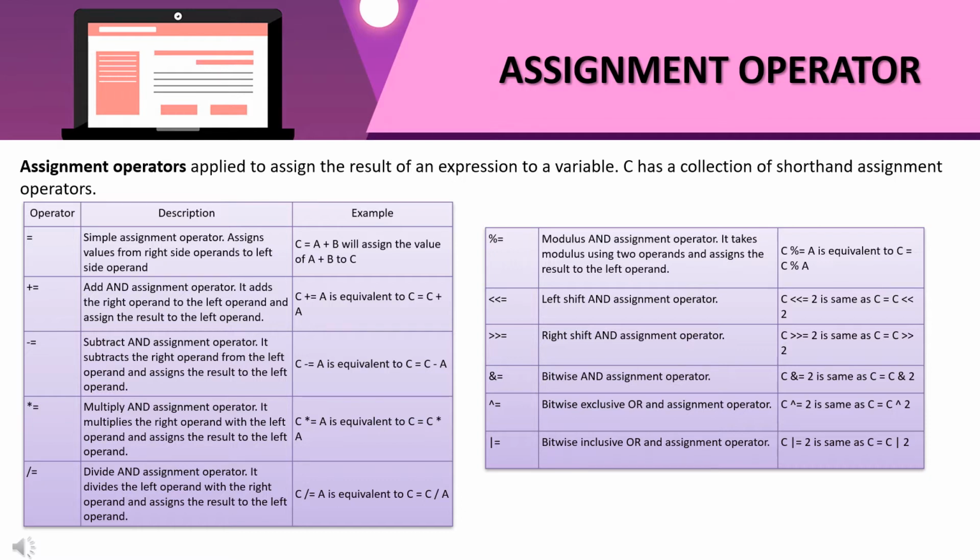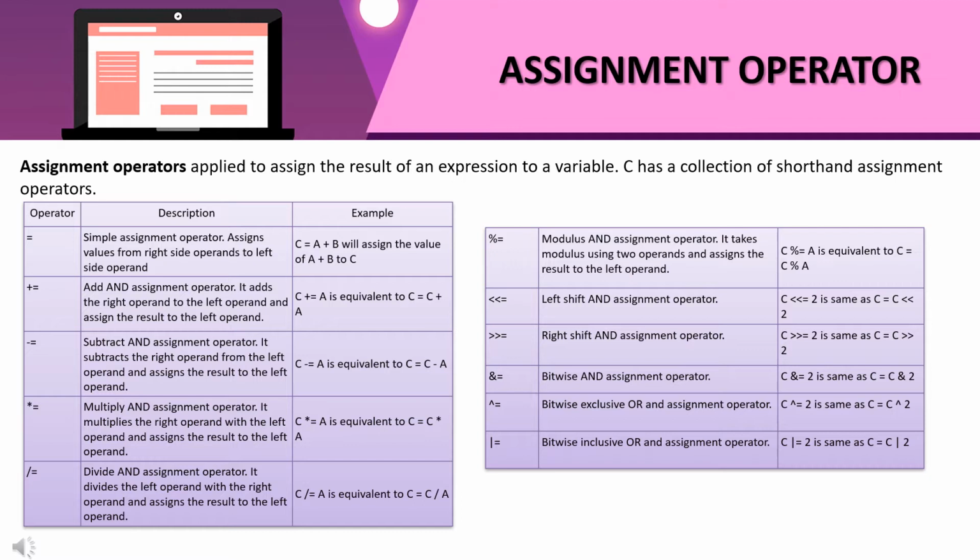It divides the left operand by the right operand and assigns the result to the left operand. So C divide equal to A is equivalent to C equal to C divided by A.